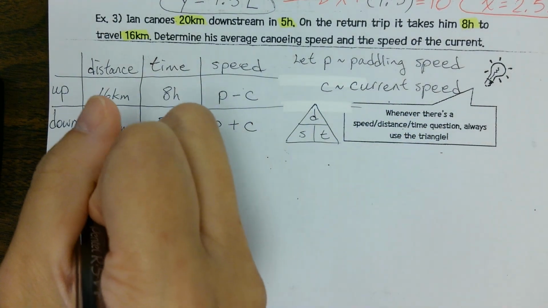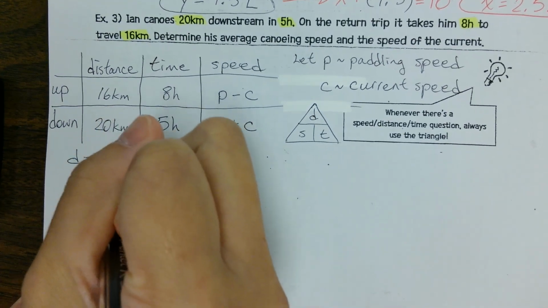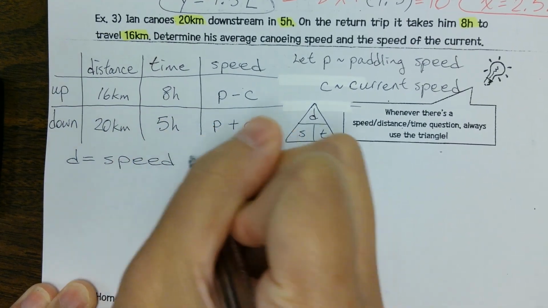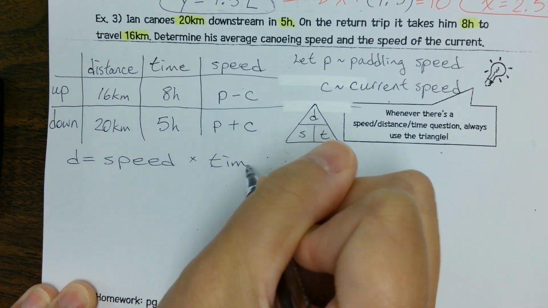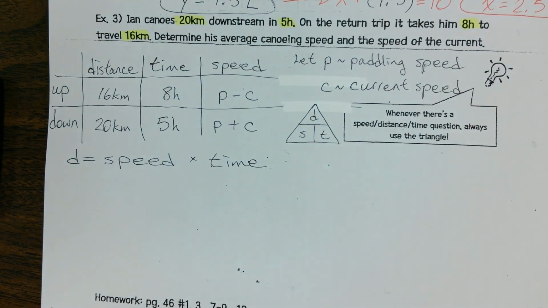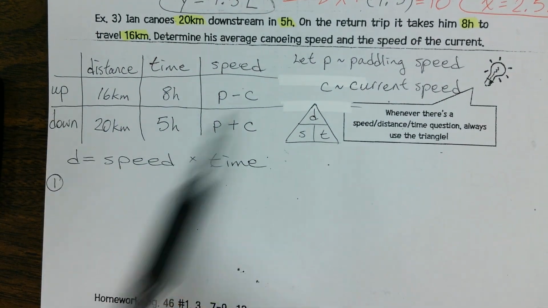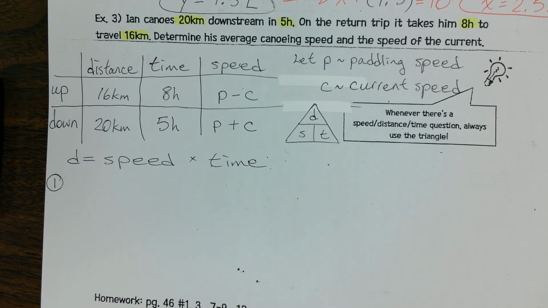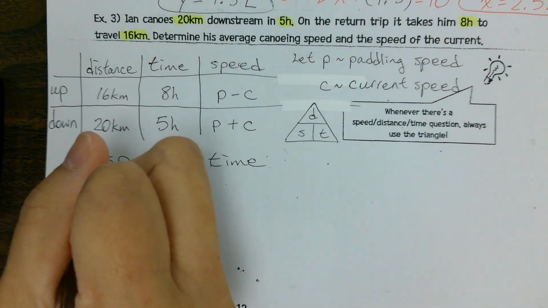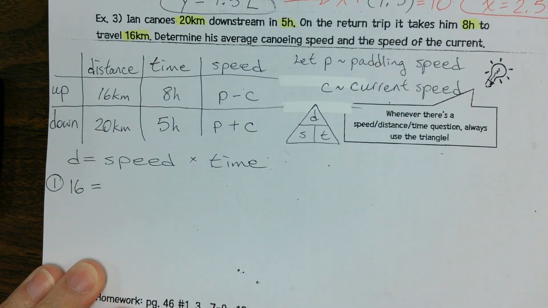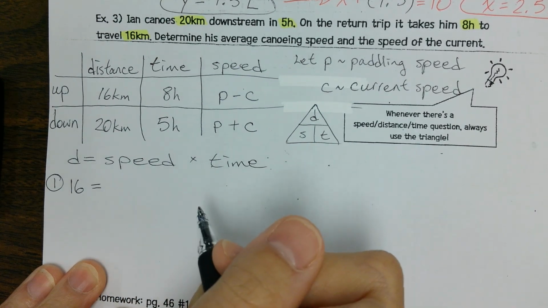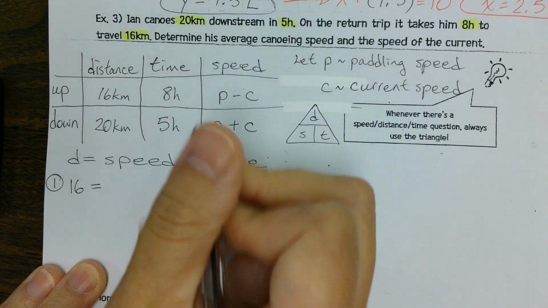So let's use distance equals speed times time. Let's set up our two equations this way. First equation, for upstream: 16 kilometers equals speed times 8 hours.